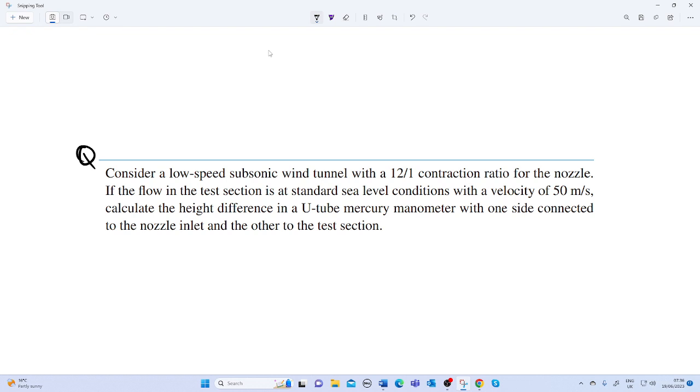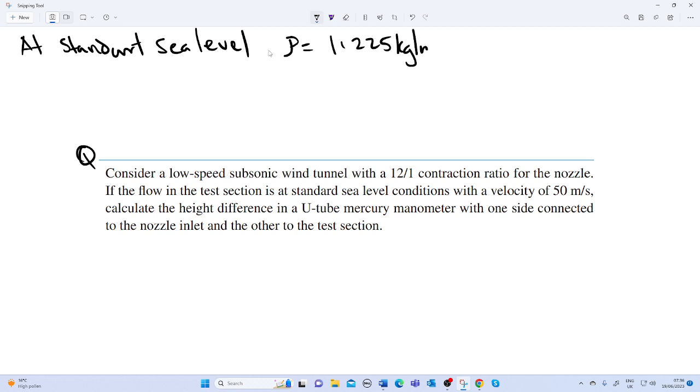Now we understand that from the question we're told that the test is under standard sea level. At standard sea level, our density equals 1.225 kilogram per meter cube.